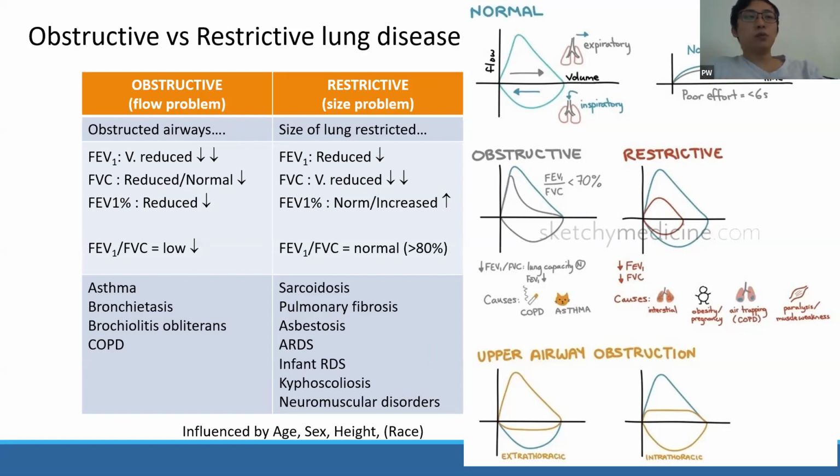There was a flow problem in and out, and that's obstructing your ability to blow air out and to inspire air as well. Whereas with restrictive lung diseases, it was a size problem: the size of your lungs was restricted, and there's some fundamental structural abnormality of your lung tissue which prevents your lungs from expanding as normal to that appropriate size.